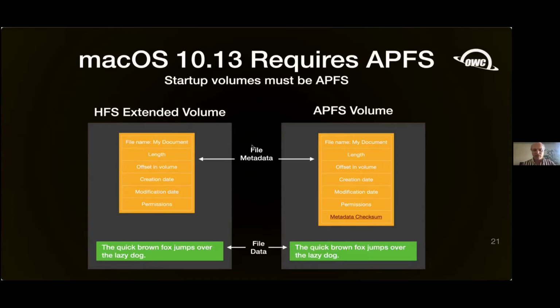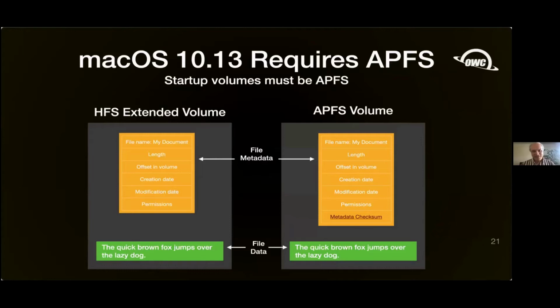I only have the information for one file shown, but this is times 100,000 or 200,000 for the number of files you have on your disk. So the actual data on the disk that corresponds to your file is both the file data, which in this case is a text string, and the file metadata, which is the data about the data. So this is the name, the parent directory, the length, permissions, all sorts of things.